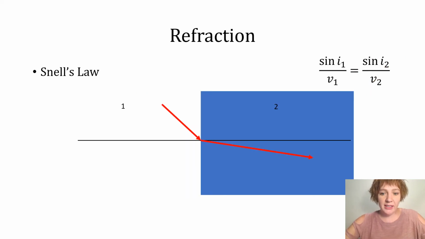Okay, what about this case? In this case, is material 2 faster? Is the wave traveling through material 2 traveling faster or slower than it was while traveling through material 1? Well, did it bend towards the normal or away from the normal? That's the first question.